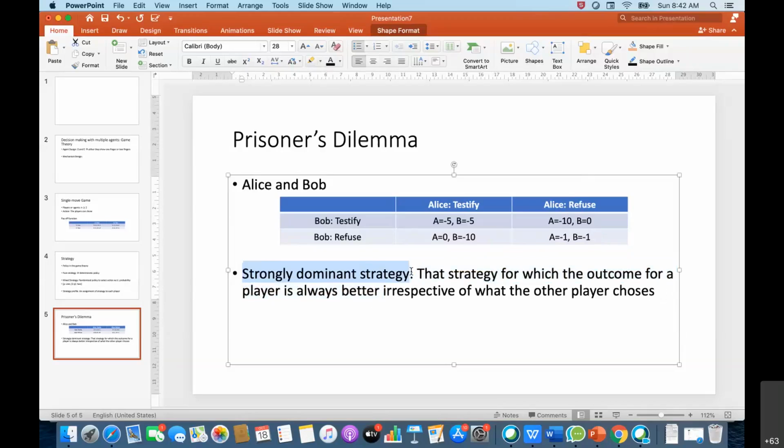Then comes weakly dominant strategy. Okay, if the outcome of that strategy is better at least for one of the outcomes.